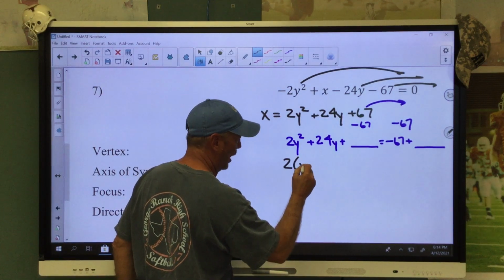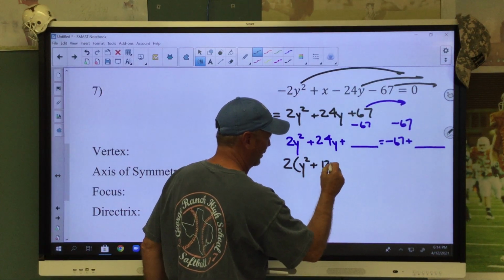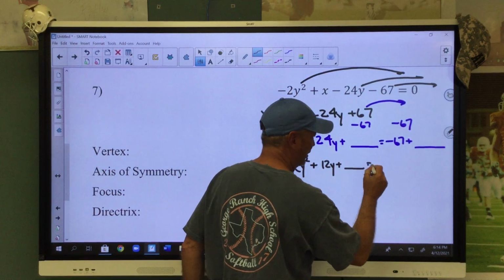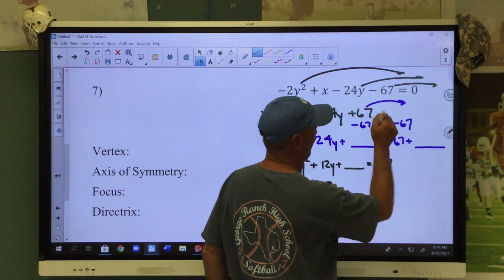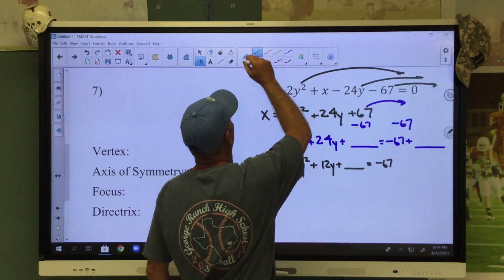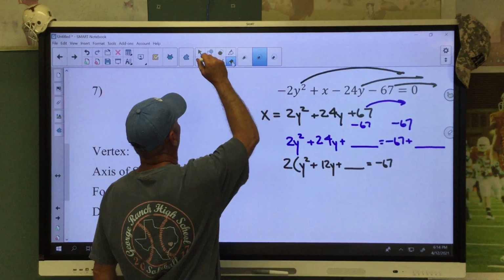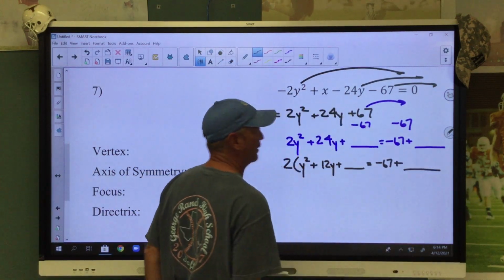And that's going to give me y squared plus 12y plus blank equals negative 67 plus blank. Shouldn't second guess myself, it should be a negative 67.